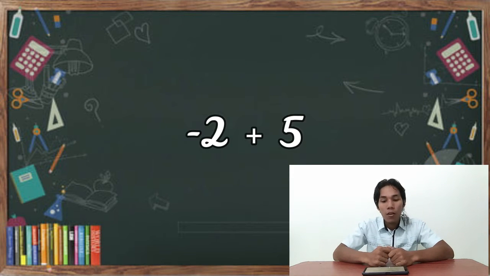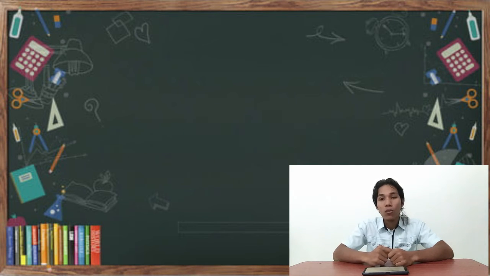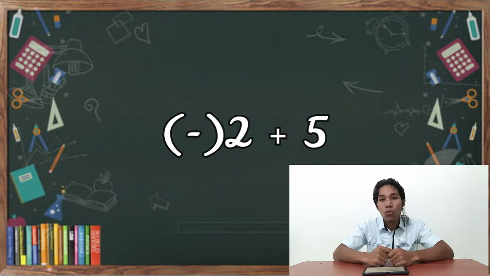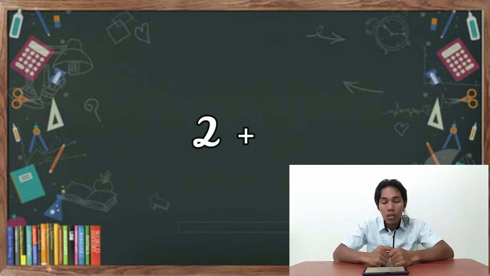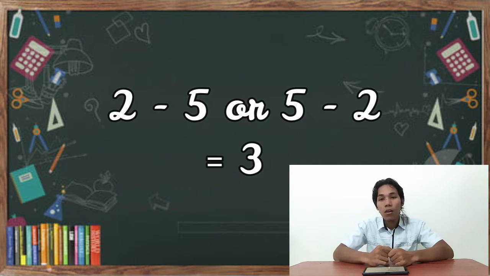negative 2 plus 5. So how do we solve this? We will disregard the sign of negative 2. So the numbers are 2 and 5. What we will do is find their difference. So 5 minus 2 is equal to 3.